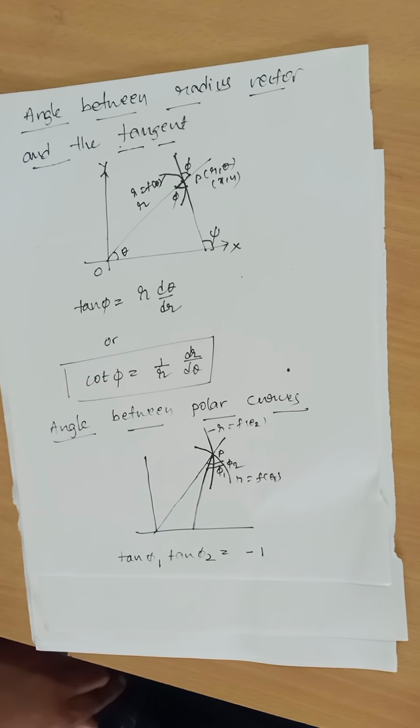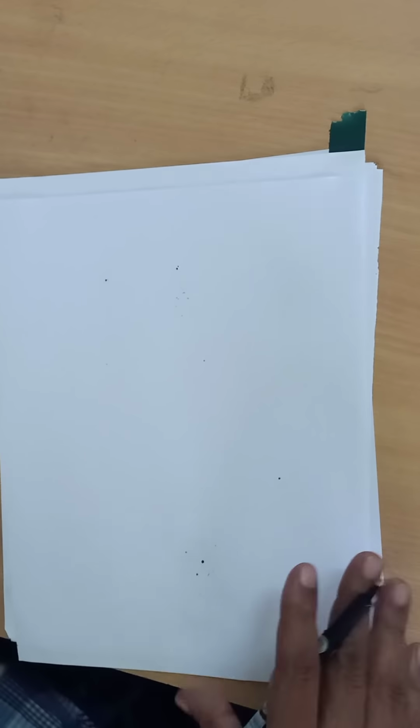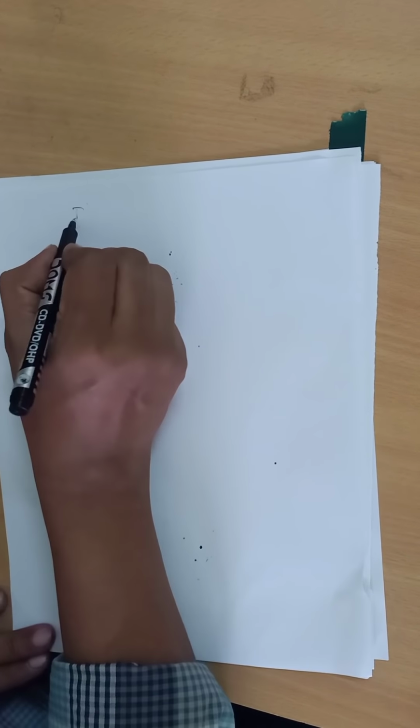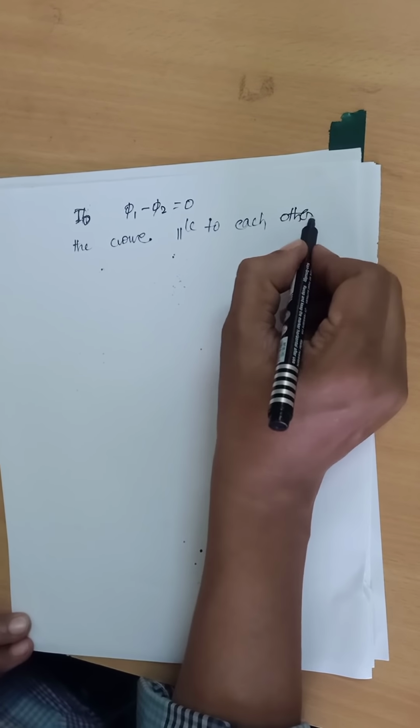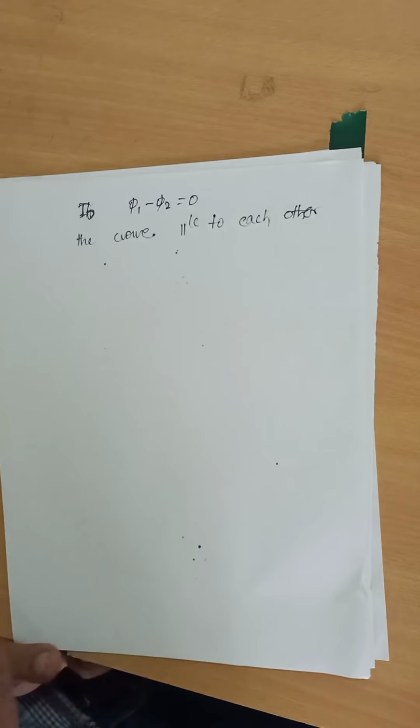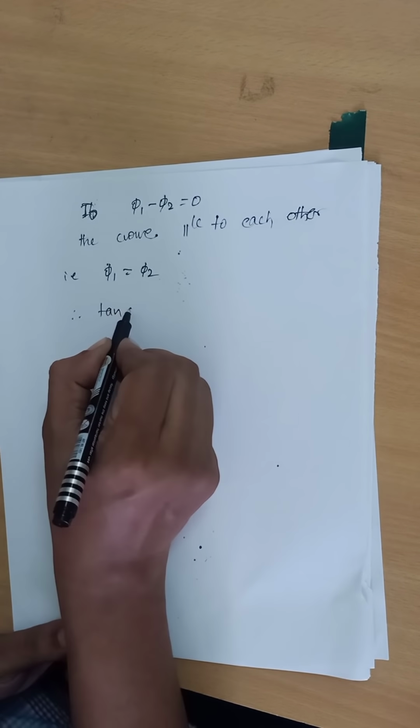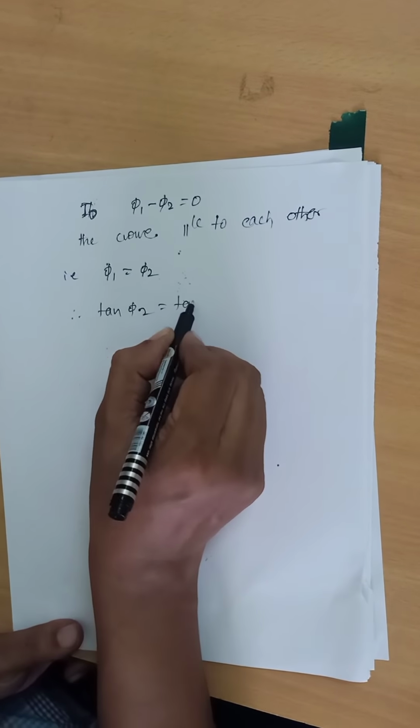Sometimes these two polar curves are parallel to each other or coincident, that is, if phi 1 minus phi 2 equal to 0, the curves are parallel to each other, that is phi 1 equal to phi 2, therefore tan phi 2 is equal to tan phi 1.